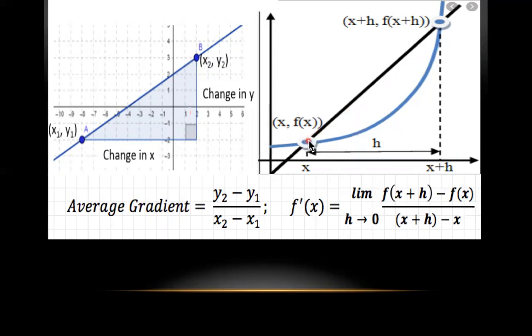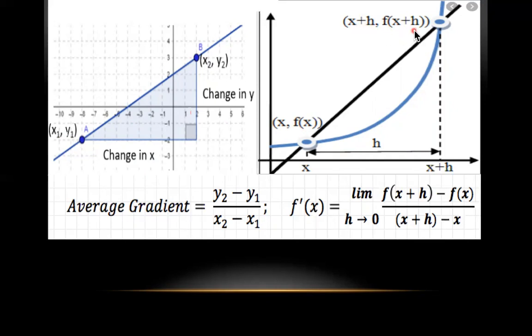At this point too, we have a point which has an x value and a y value. The first one is called x1, and the second one is called y1. Then we go up along the line, and we have two coordinates. The first coordinate is x plus h, which we call x2.